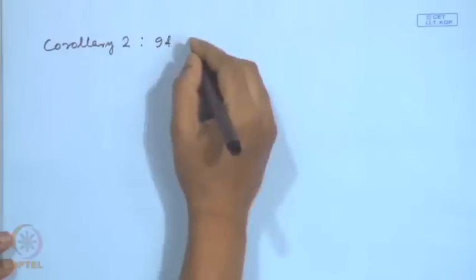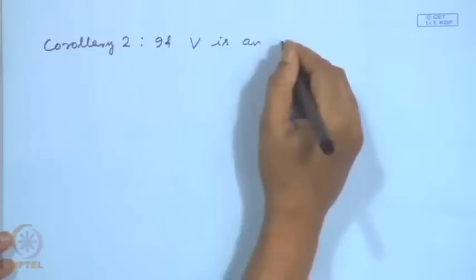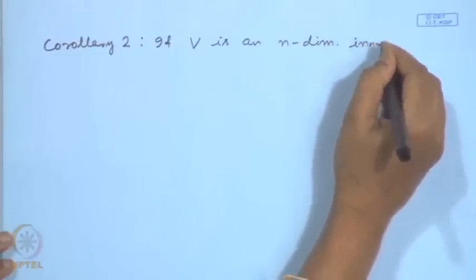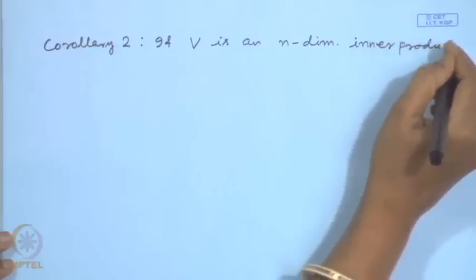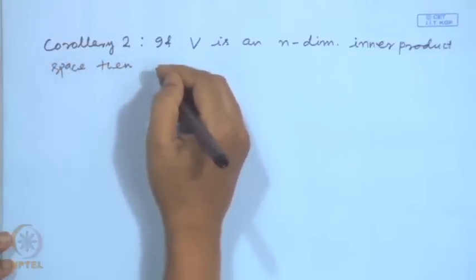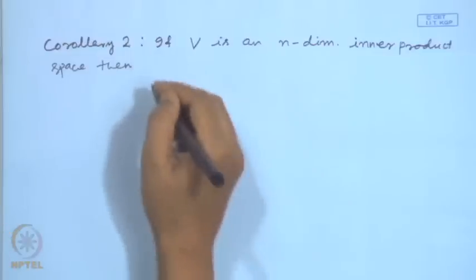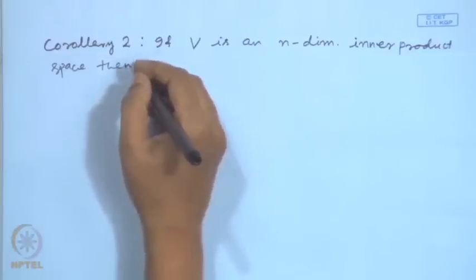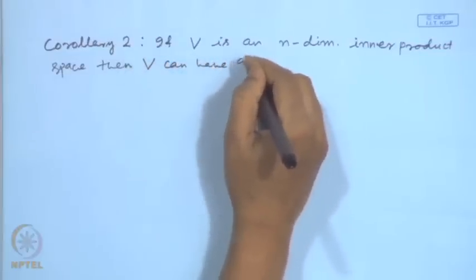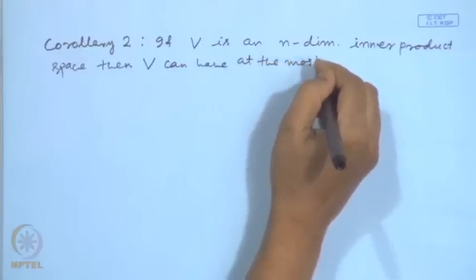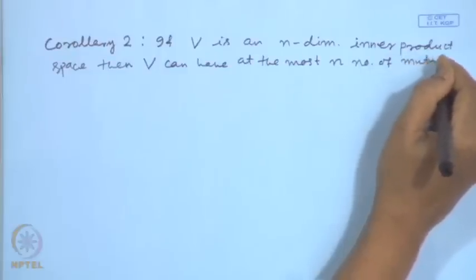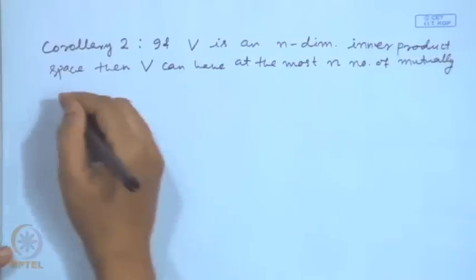So, if V is an n dimensional inner product space, then V can have at the most n mutually orthogonal vectors.